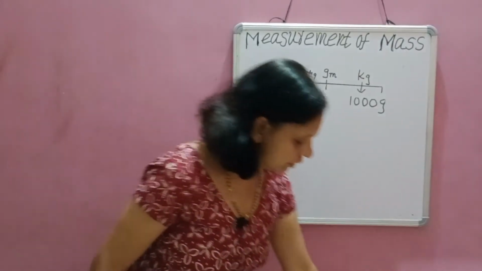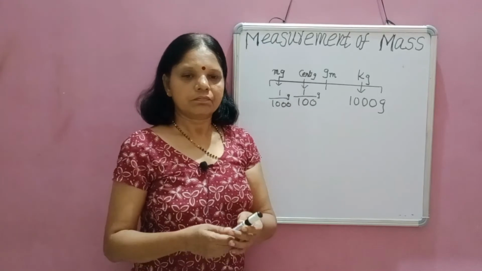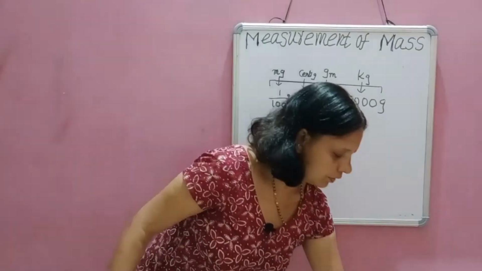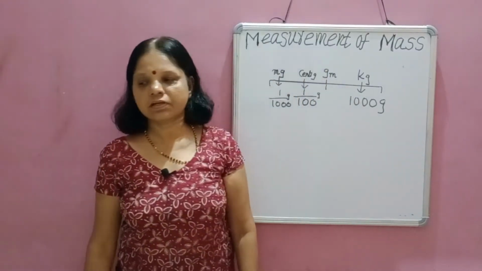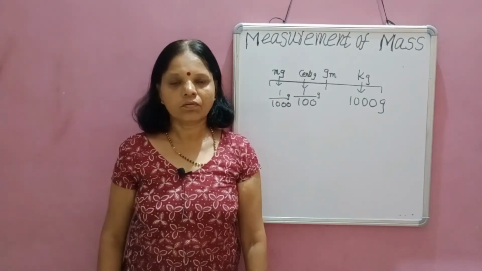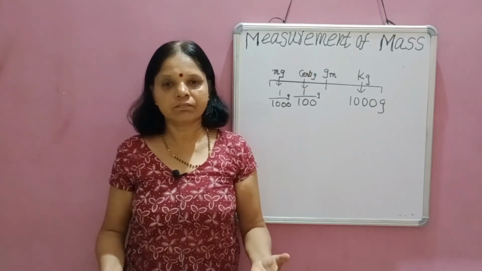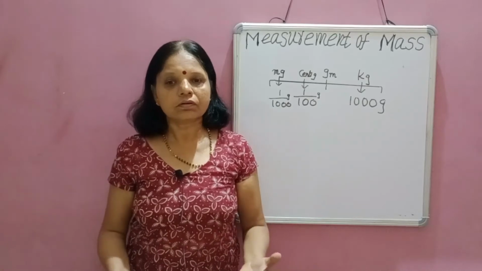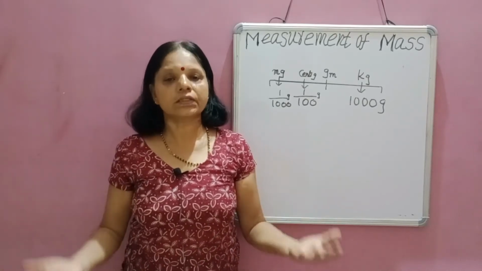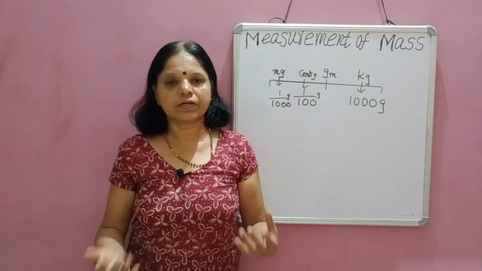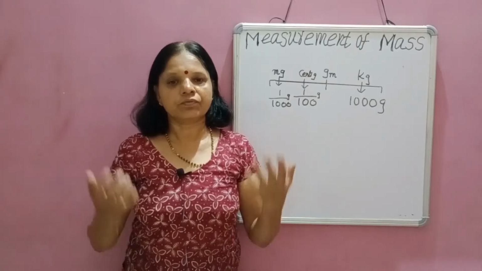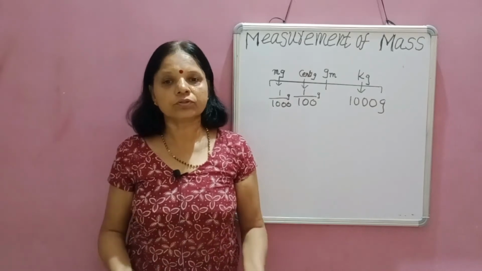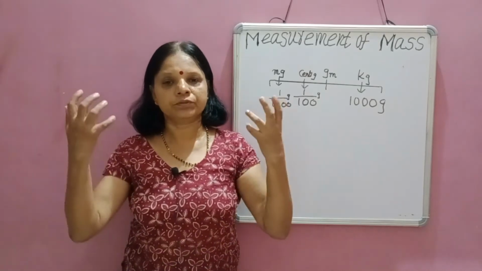We can easily lift a pen or a pencil, but is it possible to lift easily a cupboard or something heavier? The objects are heavy because they have more weight. What is more weight? It has more mass also. The quantity of matter is more. If the mass is more, the weight is more, and more force is required to lift the object.